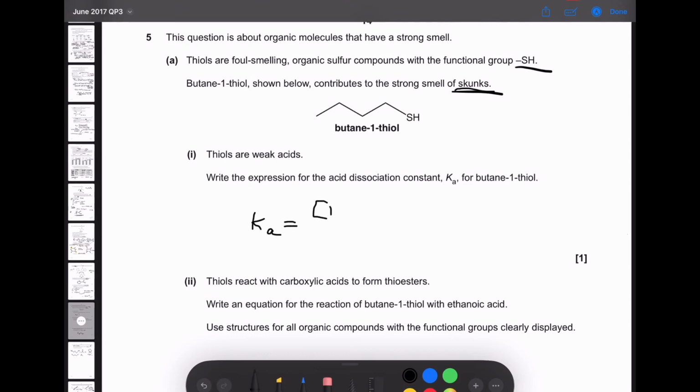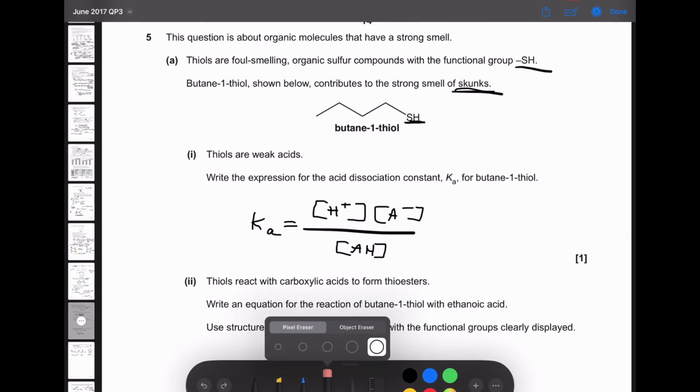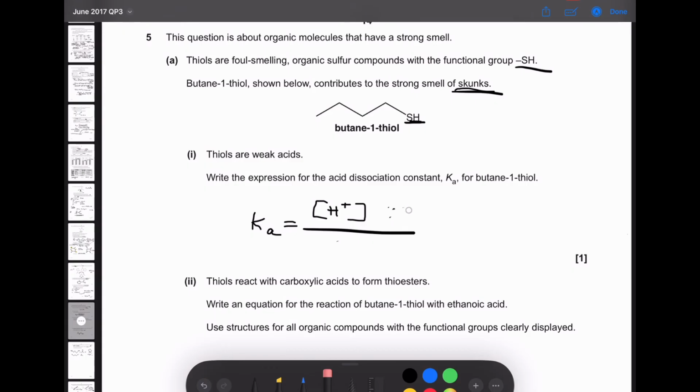It's going to be our concentration of H plus, our conjugate base, so A minus, over our whole molecule. Now, these carbons are bonded very strongly to their hydrogens, so it's not going to lose those hydrogens. Which hydrogen is it going to use? It's going to lose this one here. So if we get rid of our writing here, if we just get rid of the H here and the A here, we're going to write it in specifically for us.